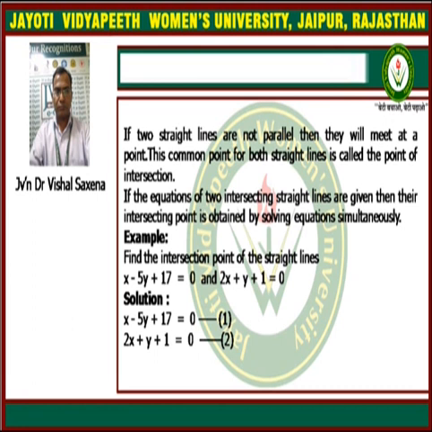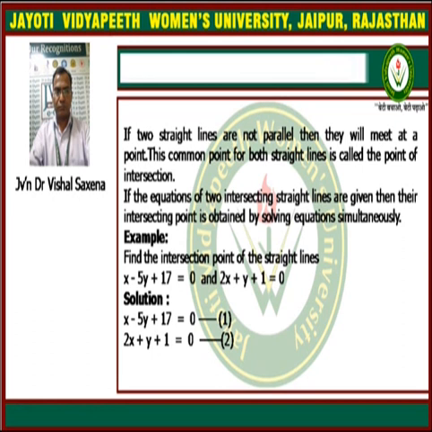This means we make the terms of either x or y the same in both equations. For example, if we multiply equation 1 by 2, then equation 1 becomes 2x minus 10y plus 34 equal to 0.